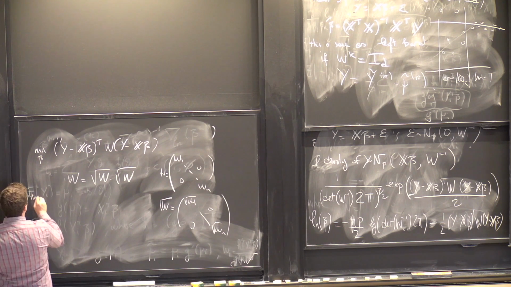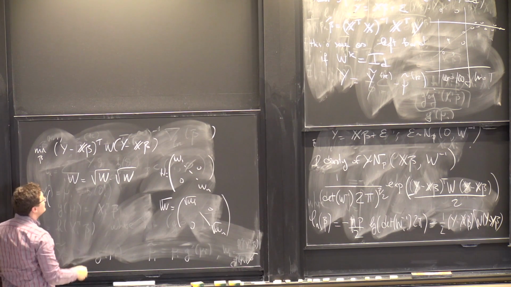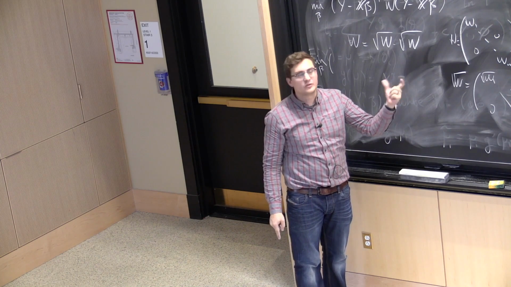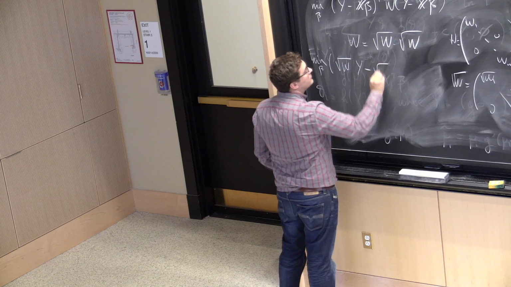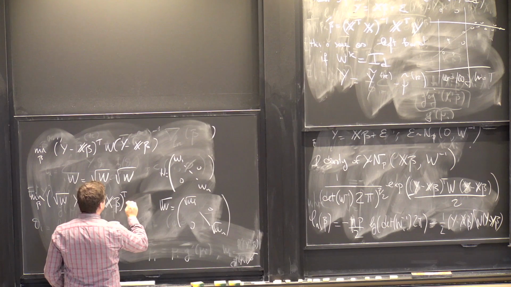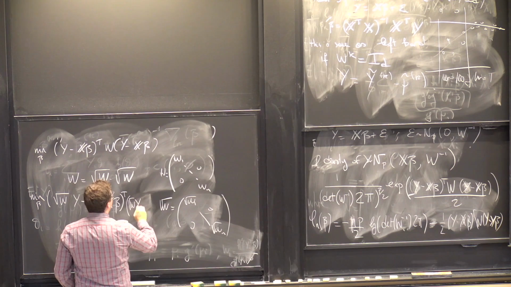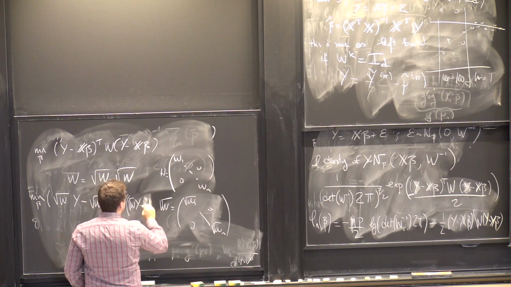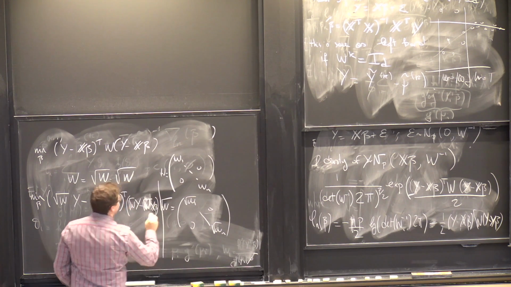So this is really the minimum over beta of, well, I have this transpose, so I have to put it on the other side. W is clearly symmetric, and so is square root of W, so the transpose doesn't matter. What I'm left with is square root of W y minus square root of W x beta, transposed, times itself. So that's square root W y minus square root W x beta, and that stops here.